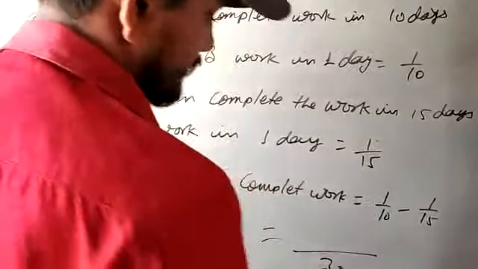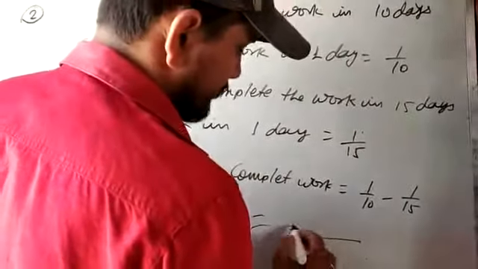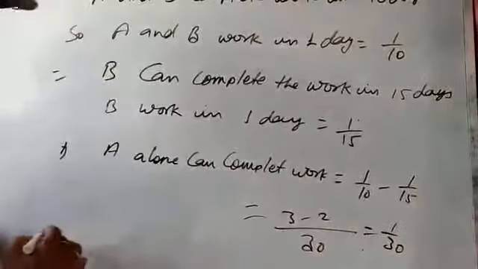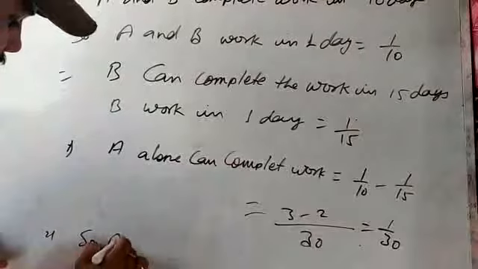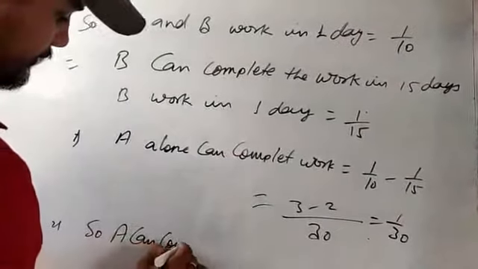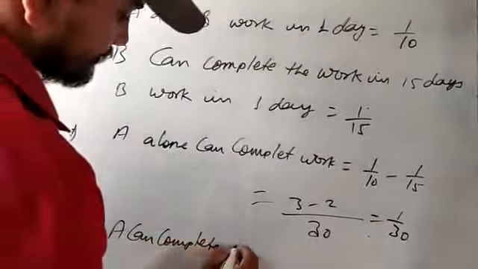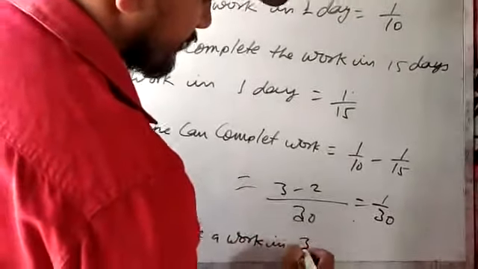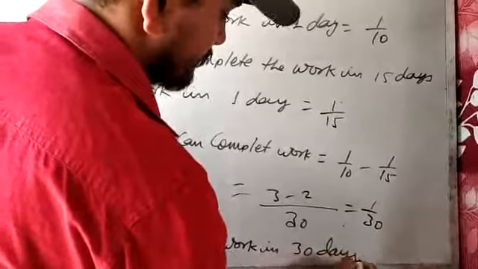If we take the LCM, we will get 30. 10 3s are, 15 2s are. That means 1 by 30. So A can complete the work in 30 days. Okay.